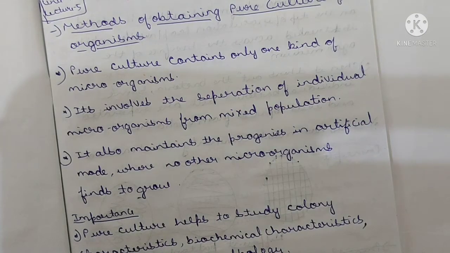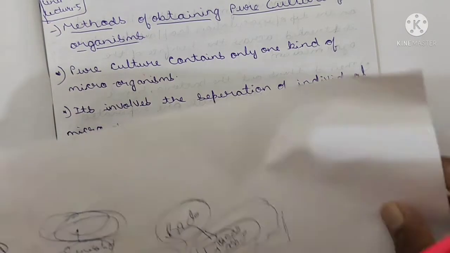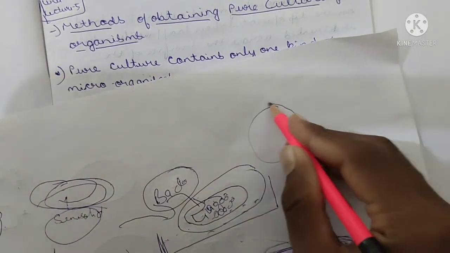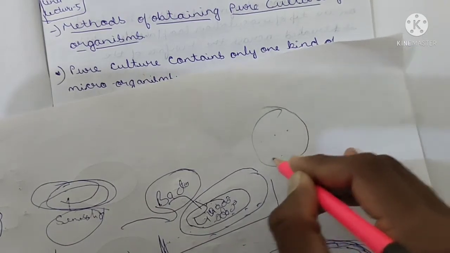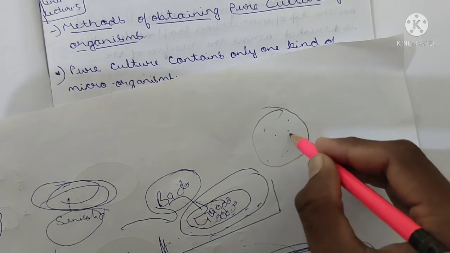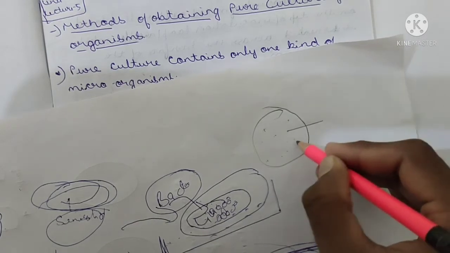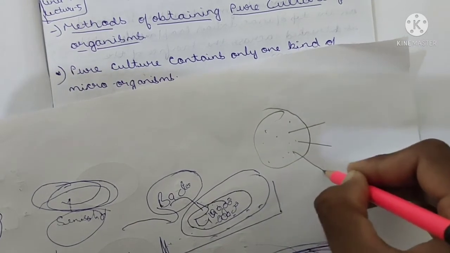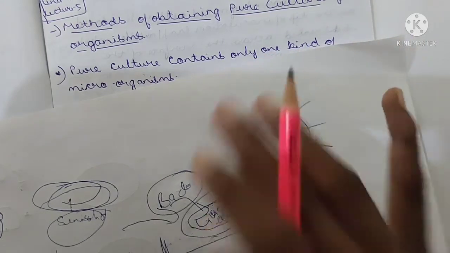For example, this is a mixed population containing a variety of microorganisms. In pure culture, we are just separating a single microorganism from these mixed microorganisms.